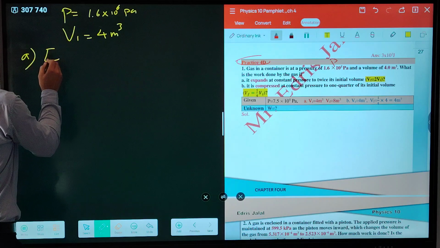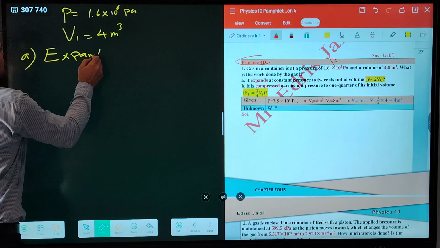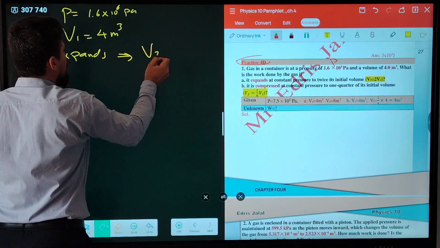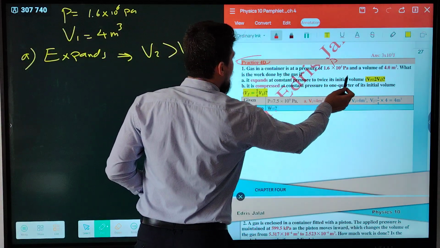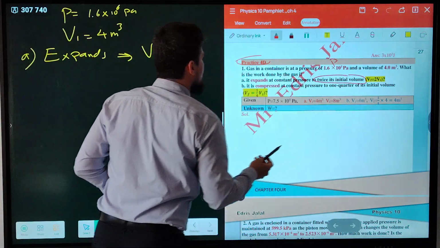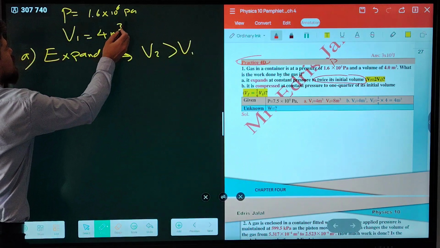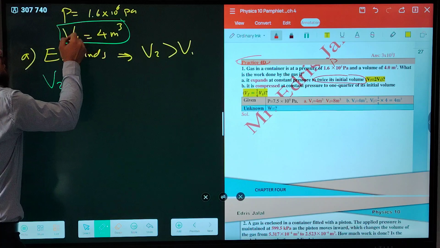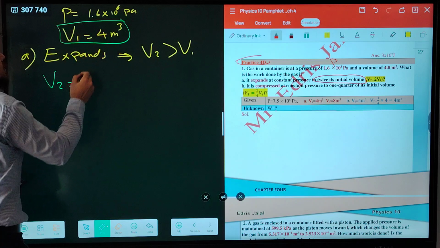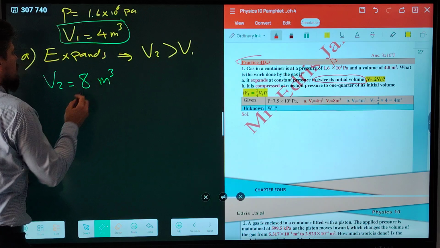If it expands, V2 must be bigger than V1. What do you mean by twice its initial volume? Initial volume is 4, so V2 is twice that, 2 times 4, which is 8 meter cube.